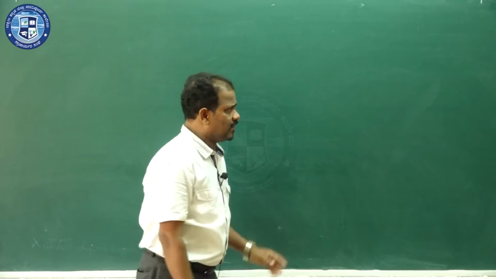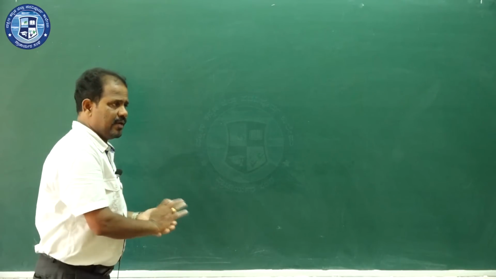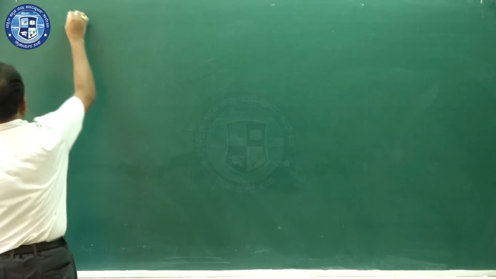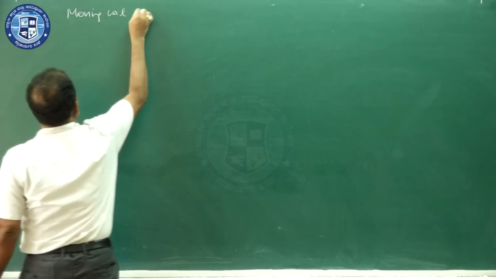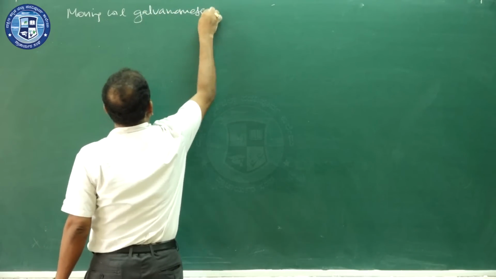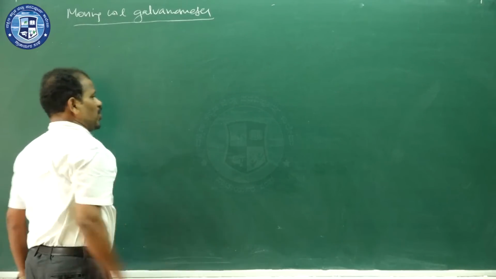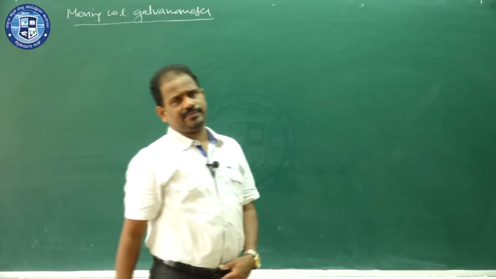The first meter that was designed by a scientist was called the moving coil galvanometer.